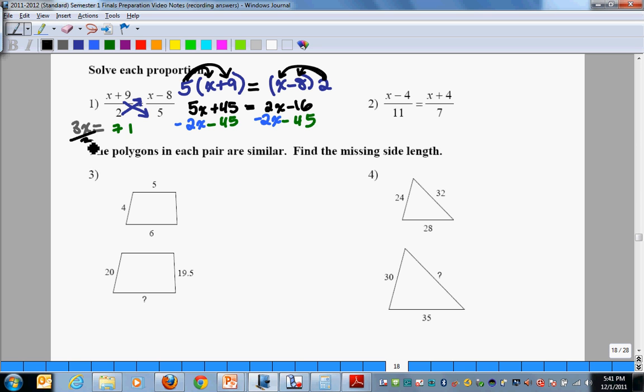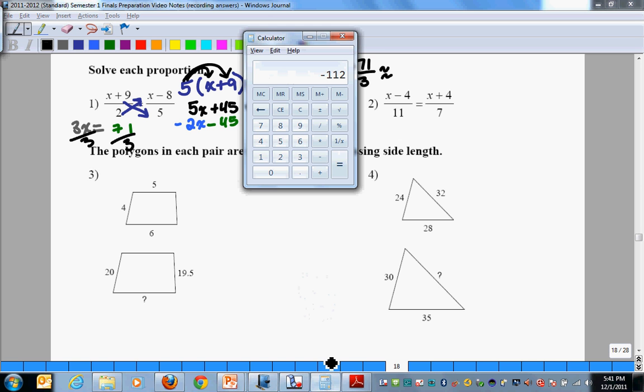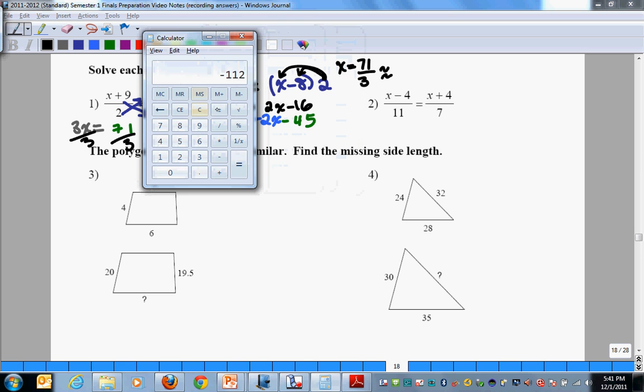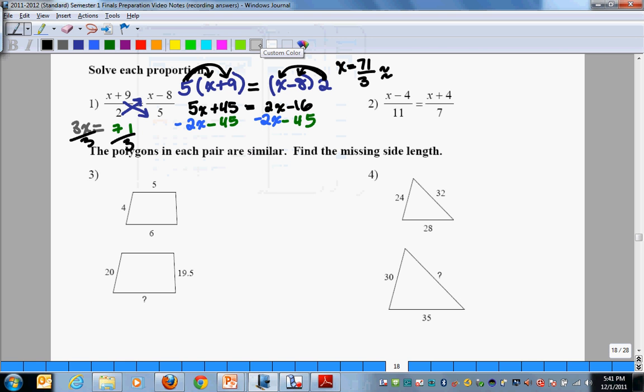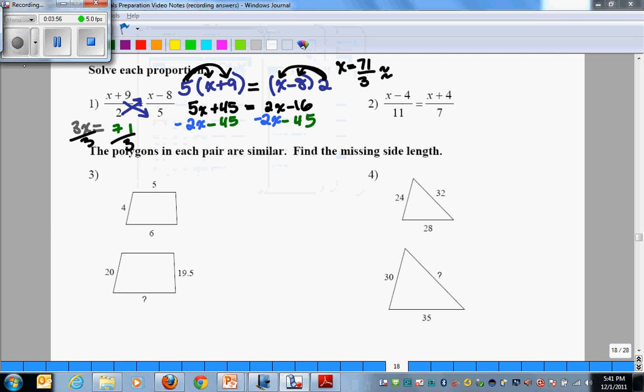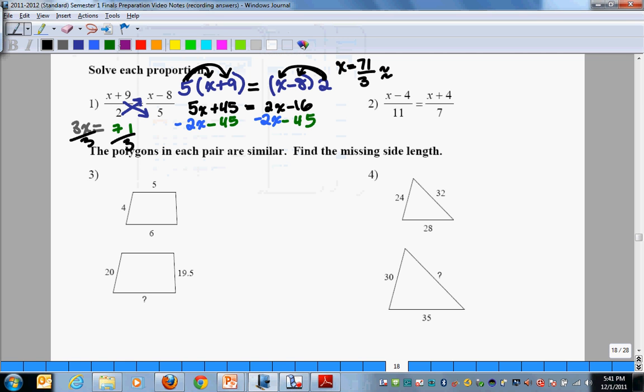So we divide by 3. And we have here x equals 71 divided by 3, which is approximately 23.66 repeating. So we're going to say this is 61.